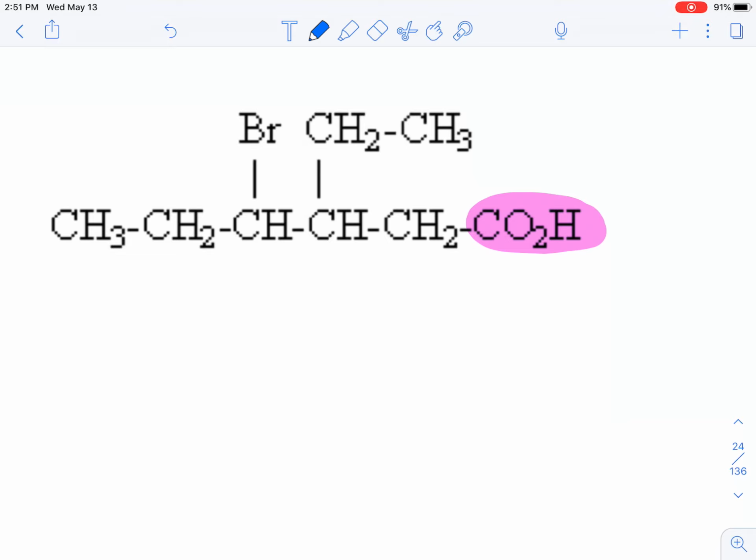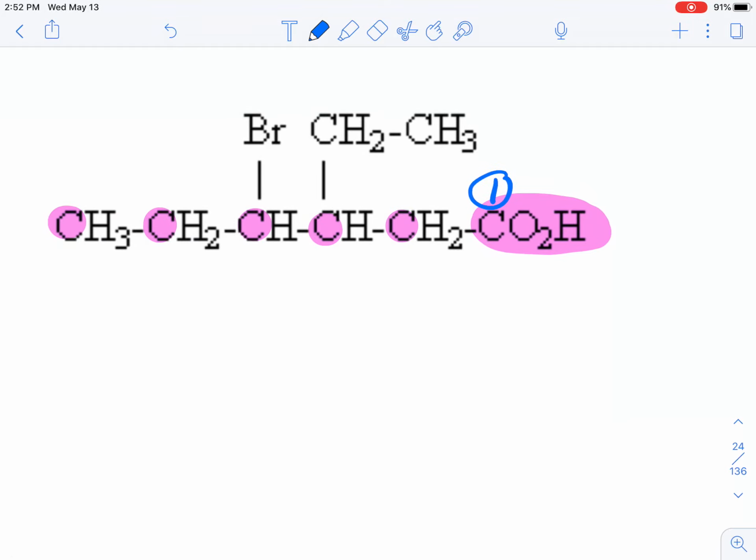Since this is carbon number 1, we're going to find the longest carbon chain that contains this carboxylic acid. Here we have 1, 2, 3, 4, 5. If I go back 2 spaces, 1, 2, 3, 4, 5, 6. It looks like going straight across is going to give us the largest number of carbons in this chain.